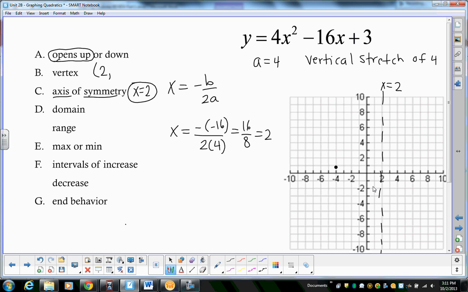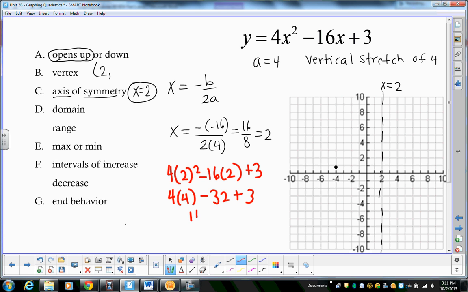So when I'm trying to think what it's going to go into, I can then plug in 2 into the equation. So I have 4 times 2 squared minus 16 times 2 plus 3. Order of operations, I have to square this first. So 4 times 4.